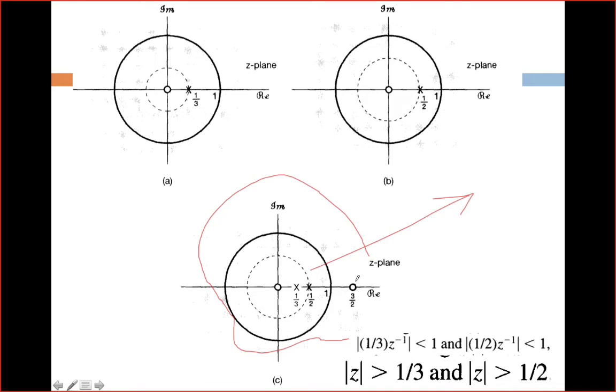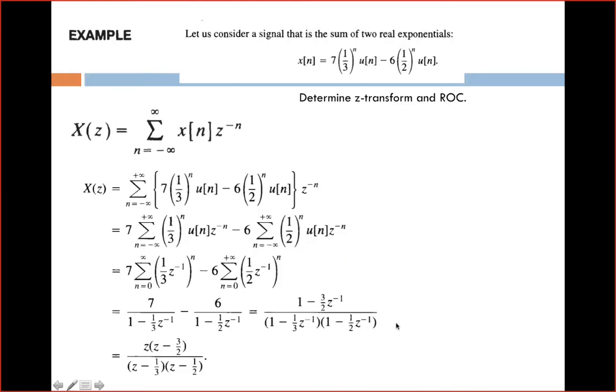Now we have to find the region of convergence of this equation. Before finding the ROC, we have to see whether u of n or u of minus n is multiplied.